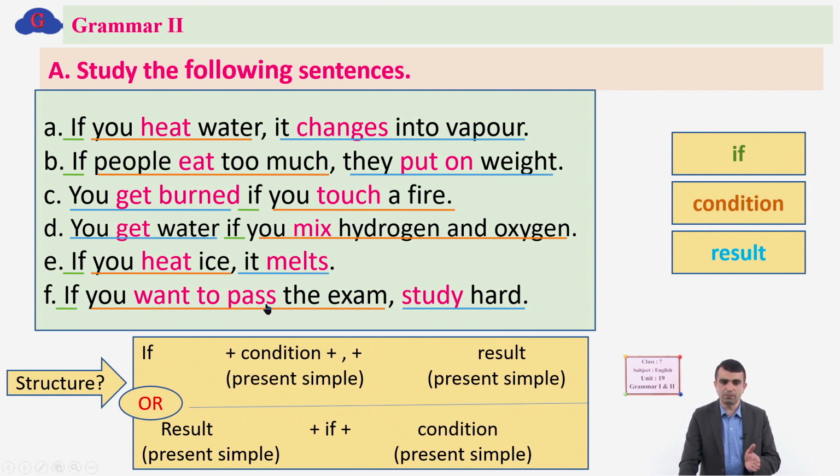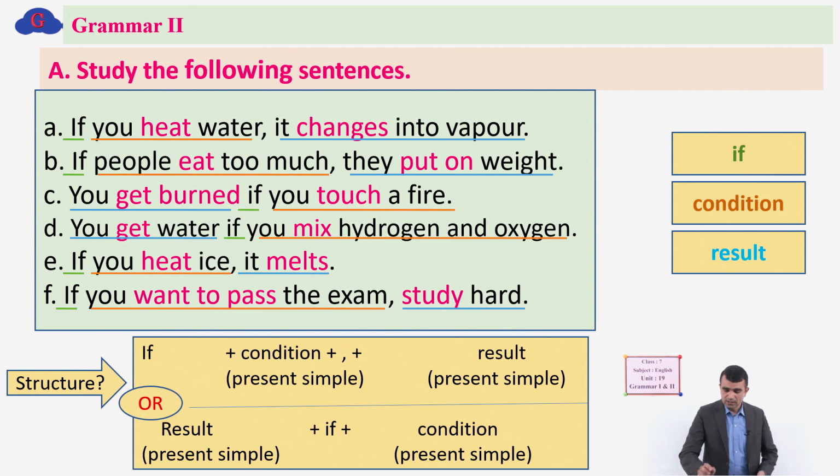Well, if you want to pass, it uses this structure: if, the condition is you want to pass, and what you should do, the result, or let us say what you should do, that may not be exactly a result, study hard. So that way we report, or let us say use in an if sentence. This is called zero conditional. What is it? Zero conditional.